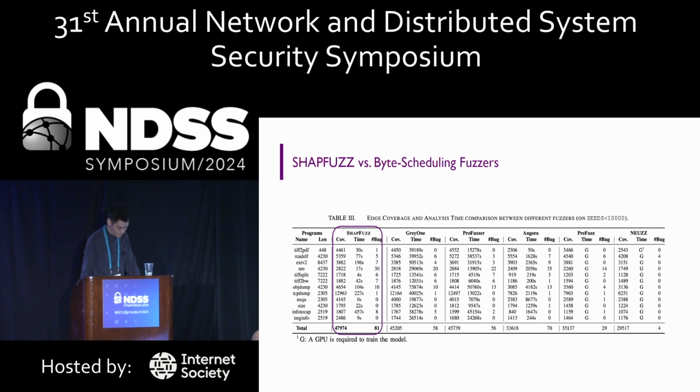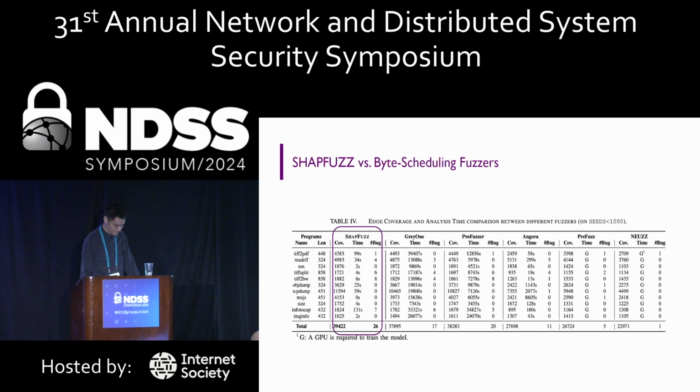As for seeds smaller than 10,000 bytes, ShapFuzz found 11 more bugs than the best compared fuzzer. And as for seeds smaller than 1,000 bytes, ShapFuzz still discovered more edges and more bugs than all other compared fuzzers.